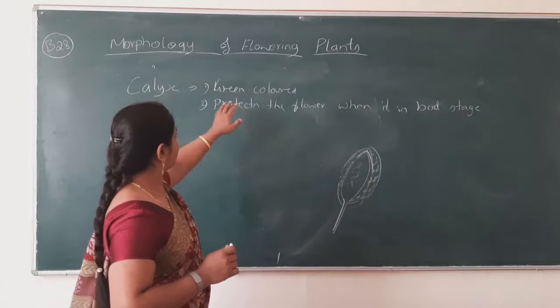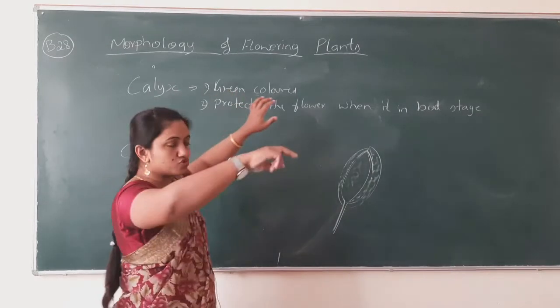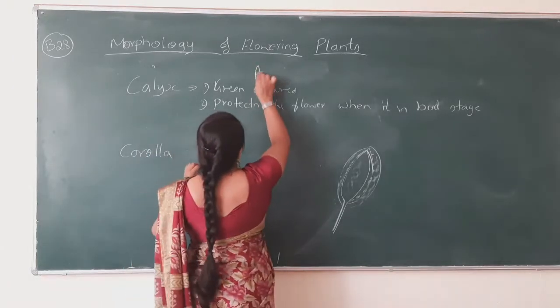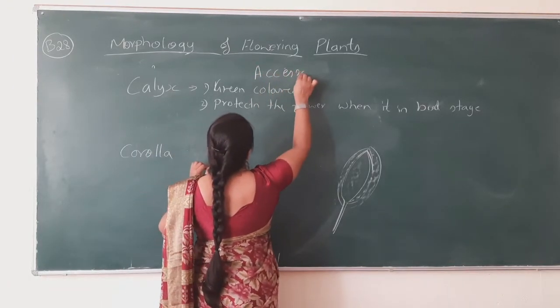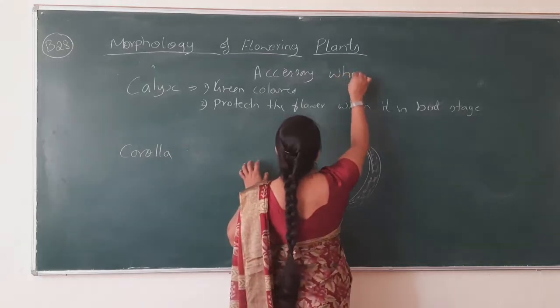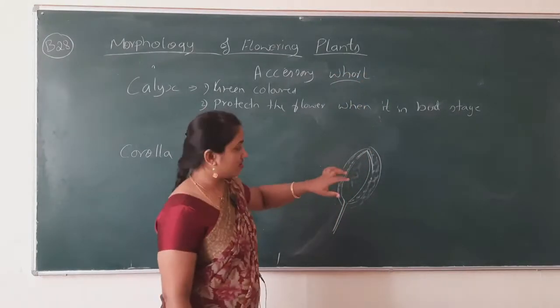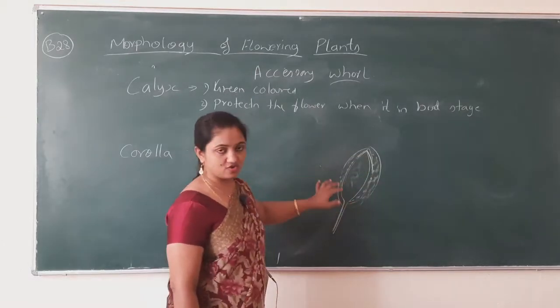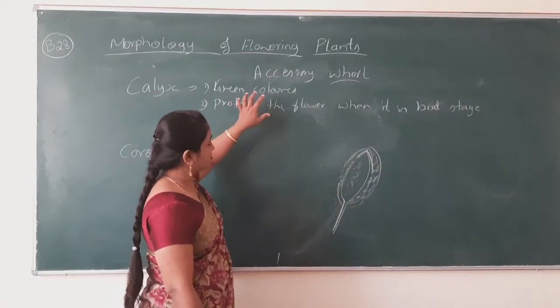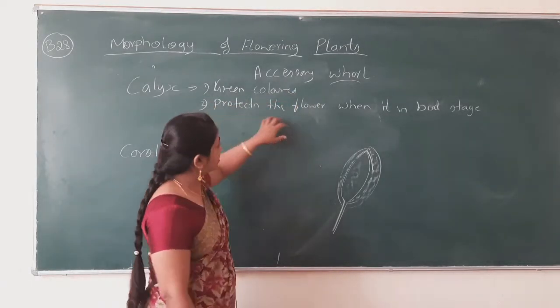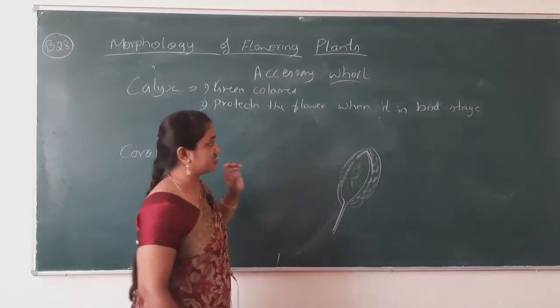So the calyx is the outermost whorl of the flower, and this is the accessory whorl, completely covering the flower. Most flowers have a green colored calyx, and it protects the flower when it is in bud stage.